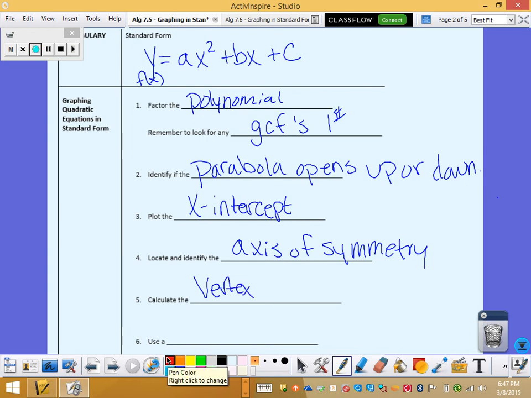And you'll see vertex represented as v and then your two coordinates. The way that you find those is the average of your x-intercepts. This is just a reminder. And then you plug that number in to solve for y.